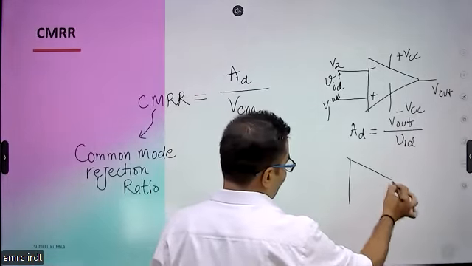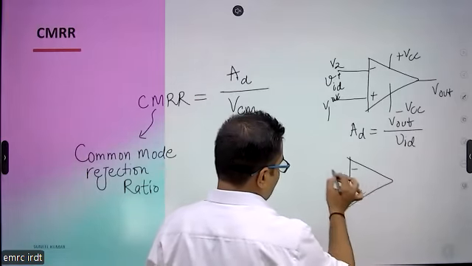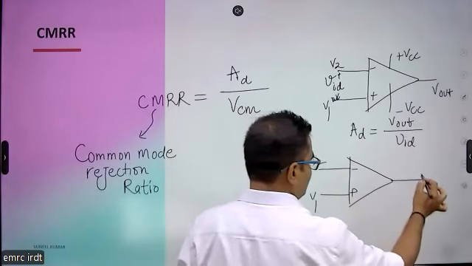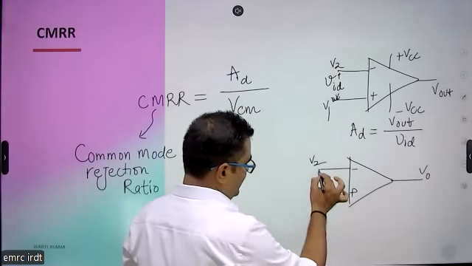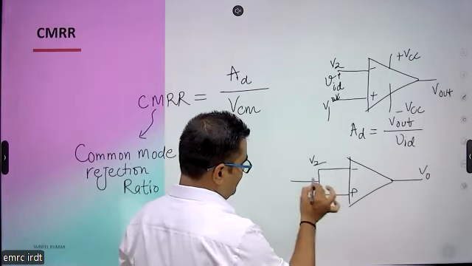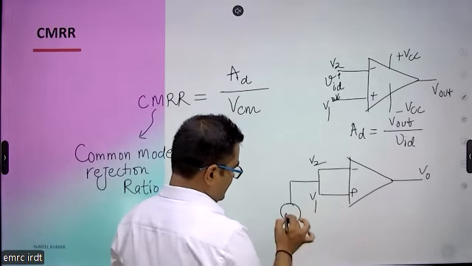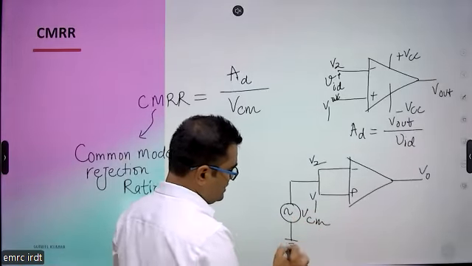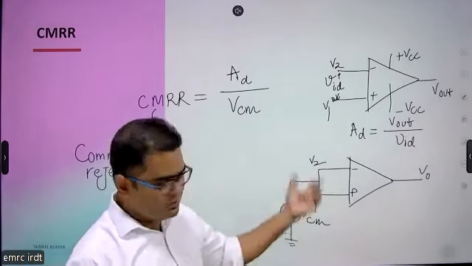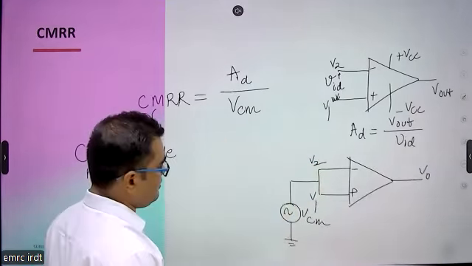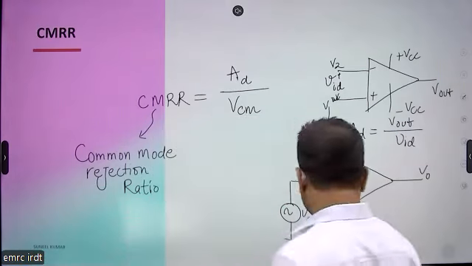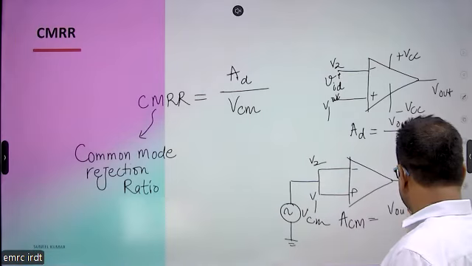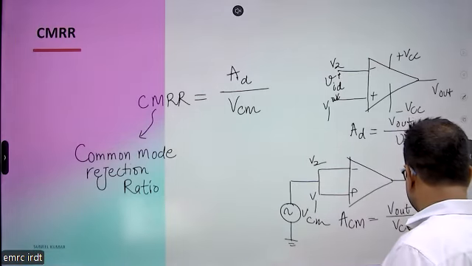What we'll do is join these two terminals, V2 and V1, with the output V output. If we provide a common voltage to both inputs, let's say VCM, the common mode voltage, given to both the inverting and non-inverting terminals, we get the common mode gain as V output divided by VCM.